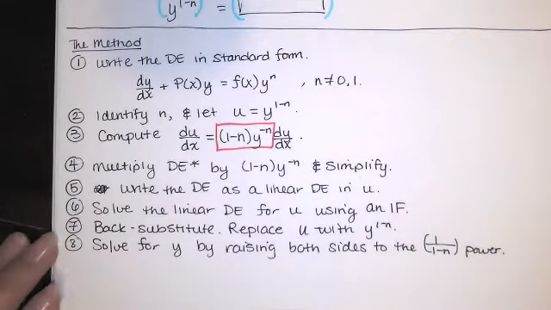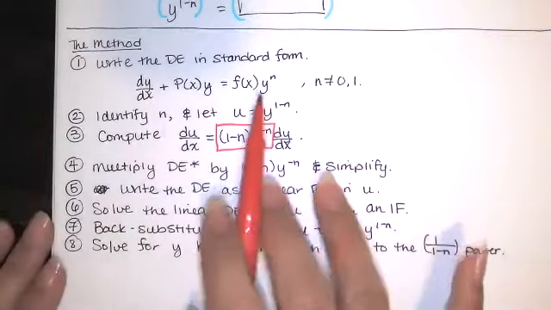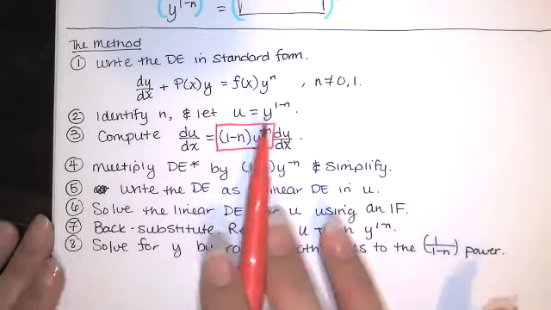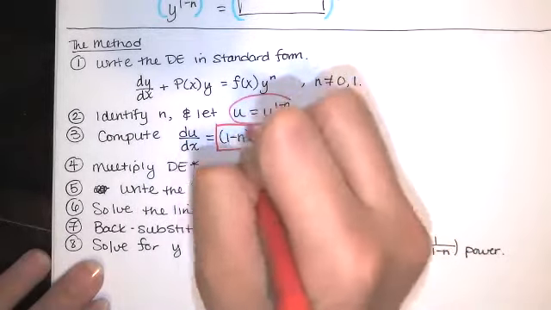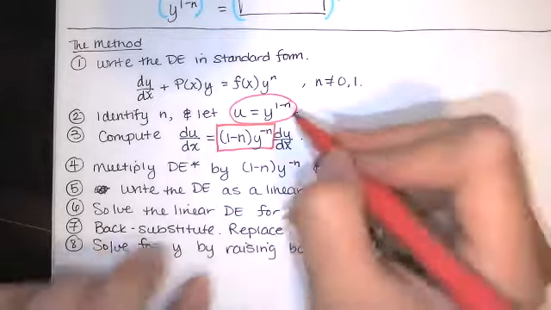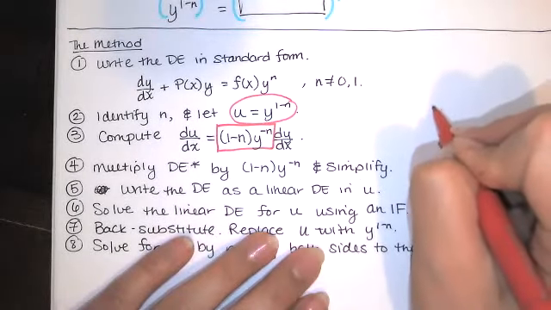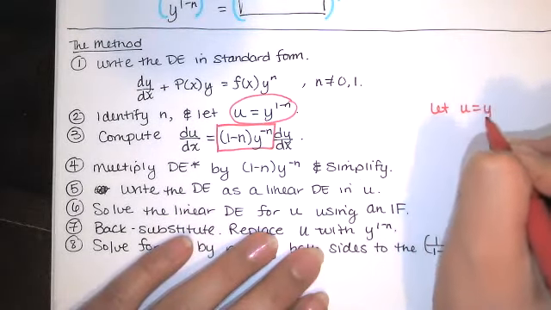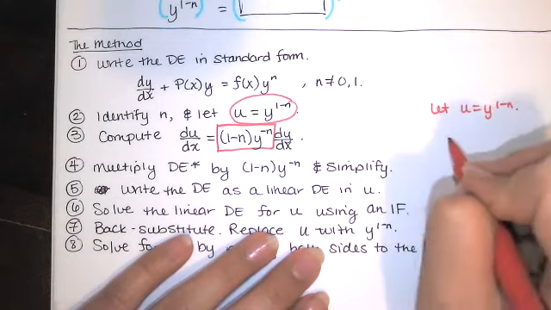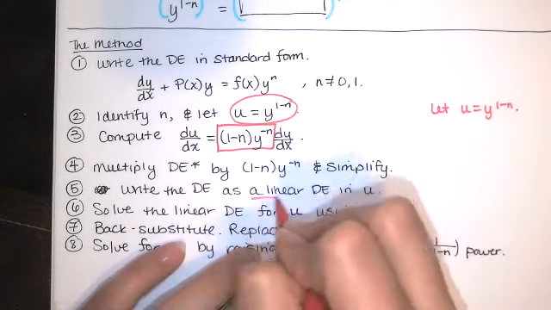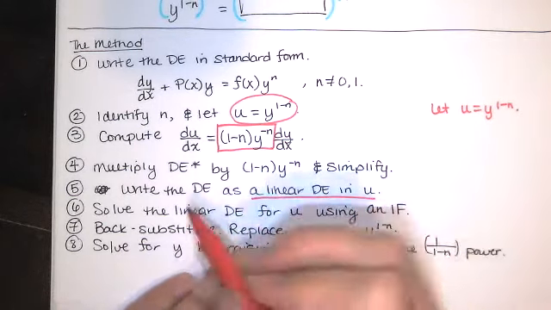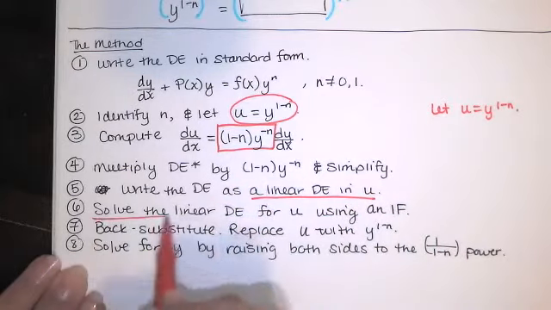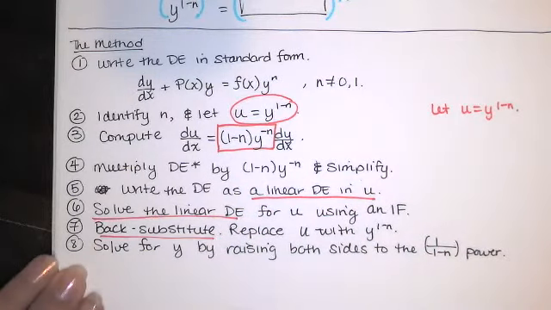Now this looks like a lot of steps, but it's really not too bad. What you're doing is taking a differential equation, seeing it as a Bernoulli equation, and saying, solve with this substitution. And then make the substitution. Then we're going to end up with a linear differential equation in u, and then we solve the linear equation in u, and we back substitute and solve for y.